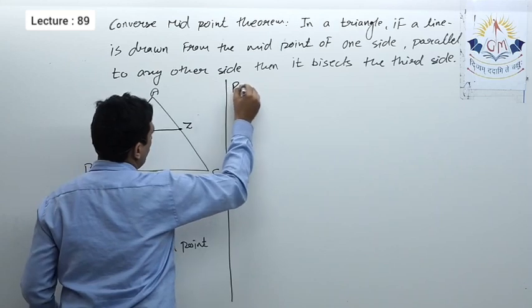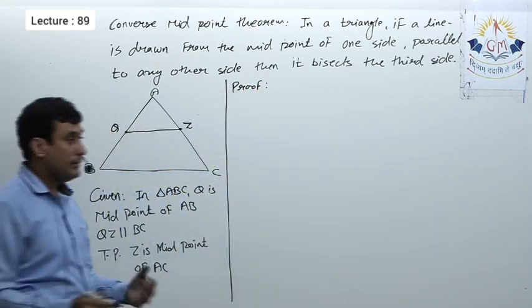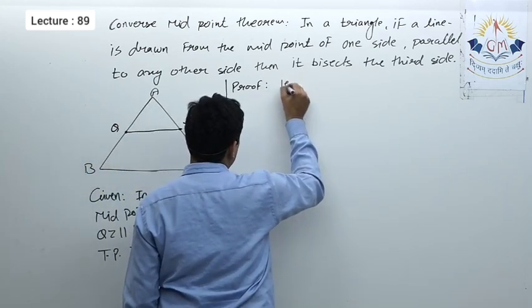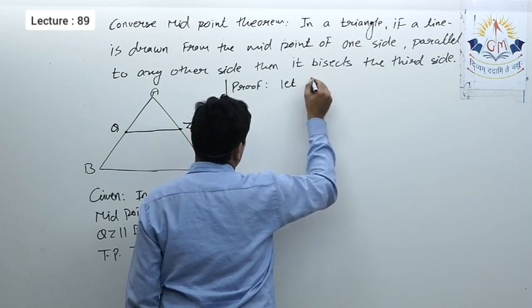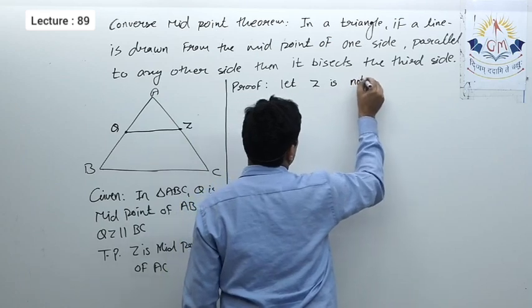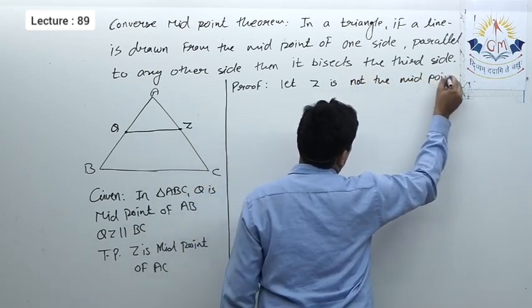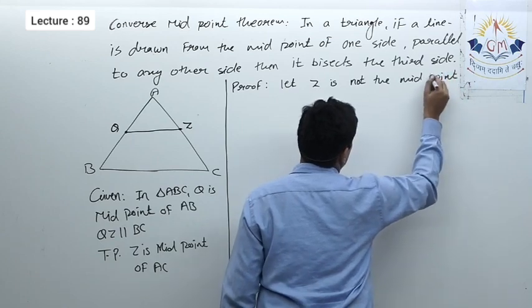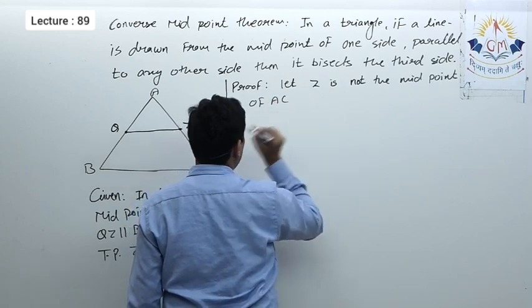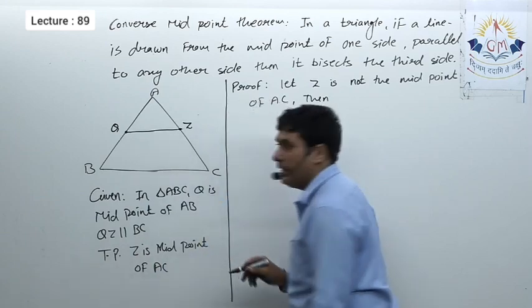So proof. We have to prove Z is the midpoint of AC. So we will start. Let us say Z is not the midpoint of AC. Then definitely every line has a midpoint.